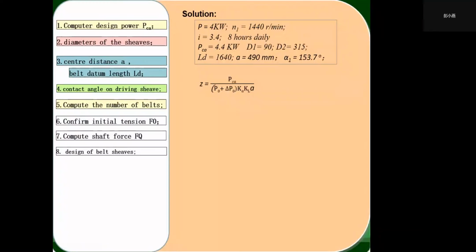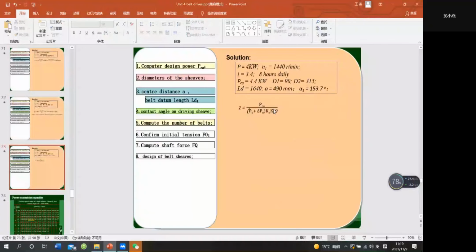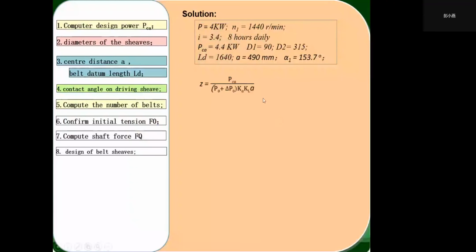Oh, let me see. Sorry, there is a little mistake. There is not A. Oh, I can't modify this. So there is not A. And then we know PCA is 4.4. So we should choose the value of P0.